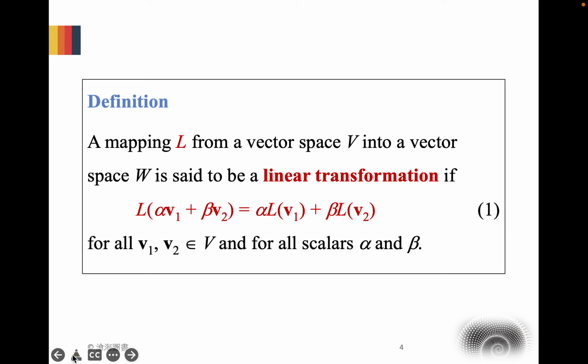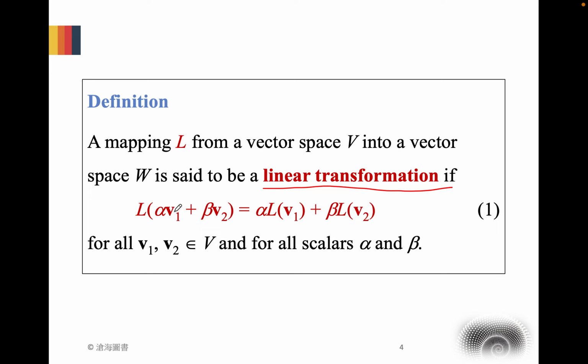So a mapping L from a vector space V into a vector space W is said to be a linear transformation, okay? It's said to be a linear transformation if we apply the mapping to alpha v1 plus beta v2, the result would be equal to alpha Lv1 plus beta Lv2.